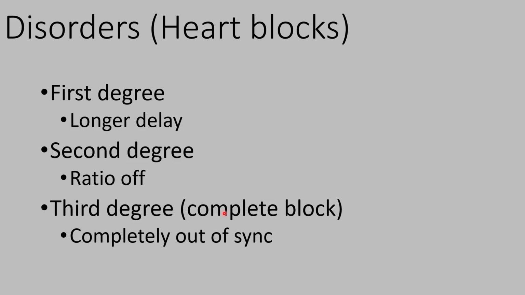The bundle of His, we still see QRST, but the QRST are much slower. Like we said, about 40 times a minute. So P wave is happening about 75 to 100 times a minute. QRST are happening about 40 times a minute because they are completely out of sync with each other.